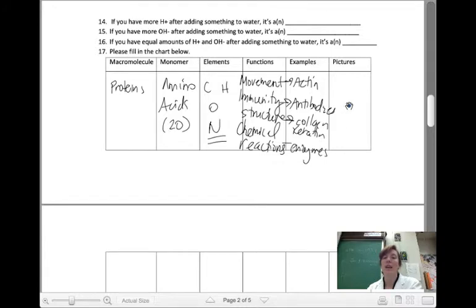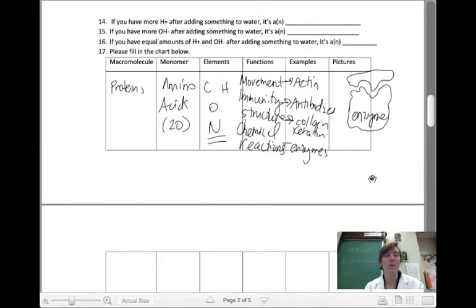And so if we look at an enzyme, it's a big protein that has a pocket on the surface that we call the active site. And that active site fits a molecule that it's going to either help to build into additional molecules or break apart. So that's a good example of a protein.